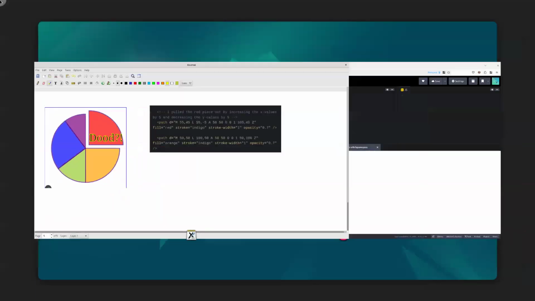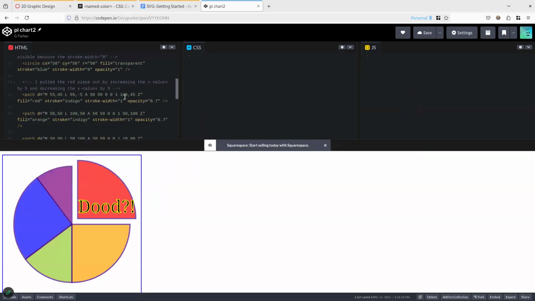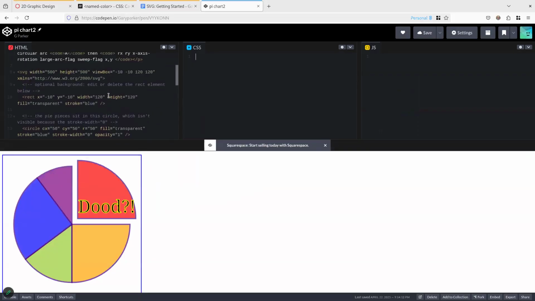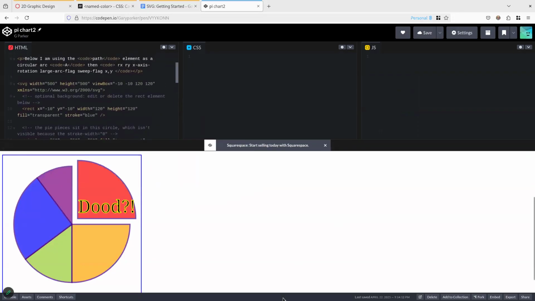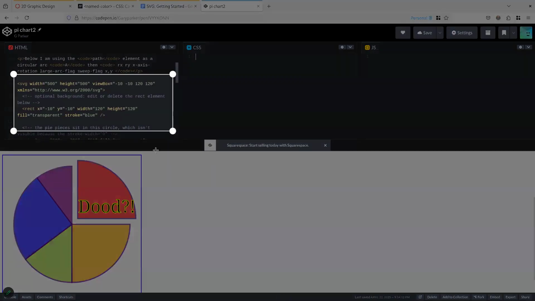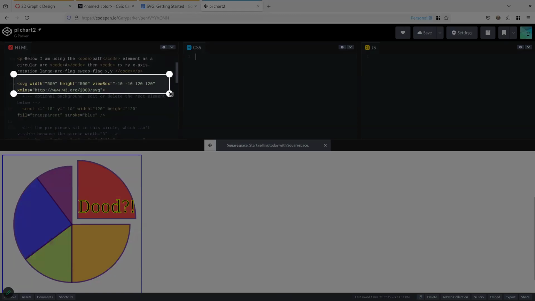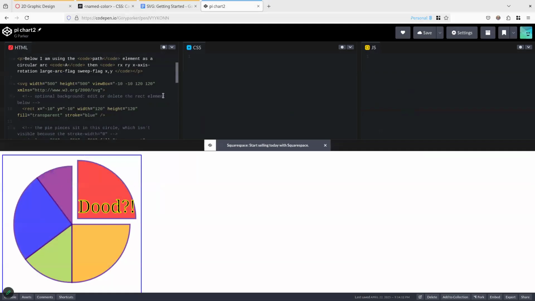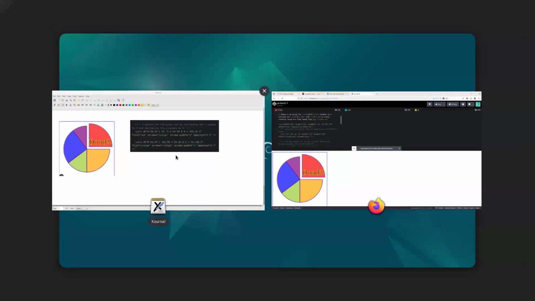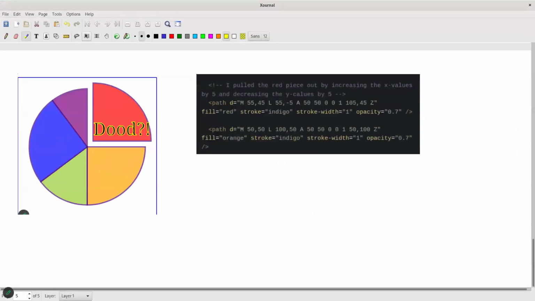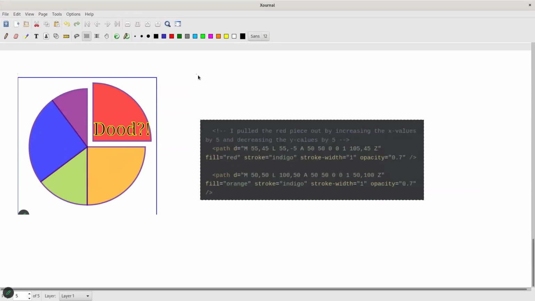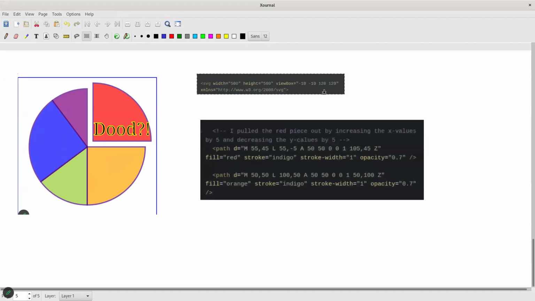So if we go back here, we should also be looking at that view screen or the view box.